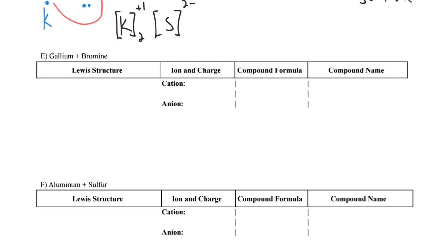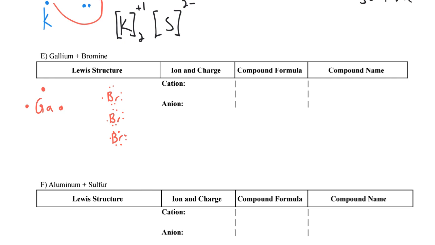All right, gallium and bromine. Let's find these. Gallium's in group 13, so it's got 3 to lose, and bromine has only 1 to gain. So let's start by drawing that gallium. Gallium has 3 valence electrons, but bromine can only accept 1, so we need to draw 3 separate bromine atoms to accept the 3 separate valence electrons of gallium.